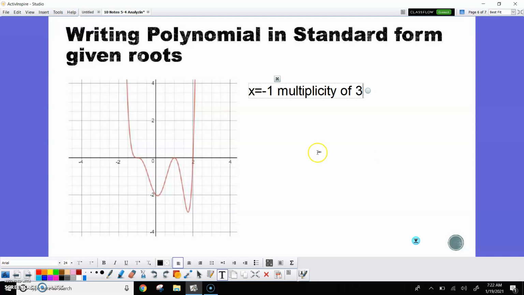That means x plus 1 would be my factor, and I would write that factor 3 times. The next one was x equals 1 with the multiplicity of 2.